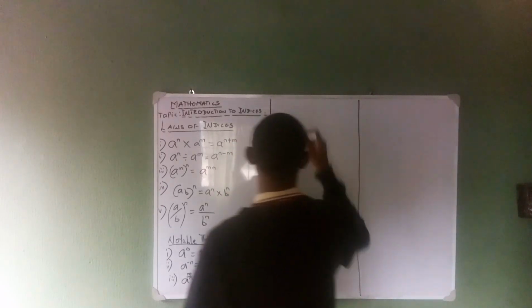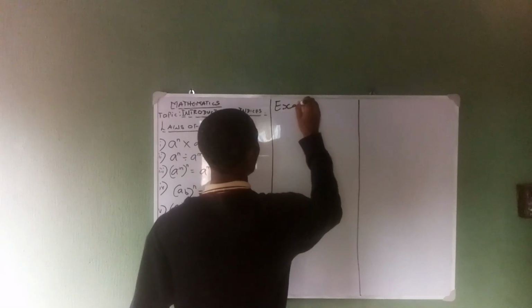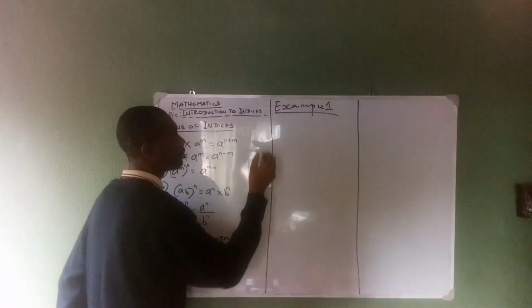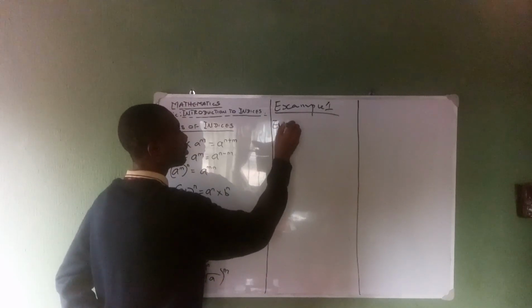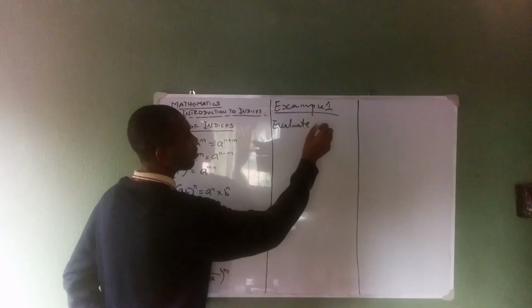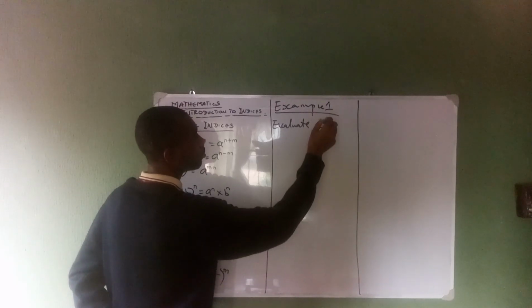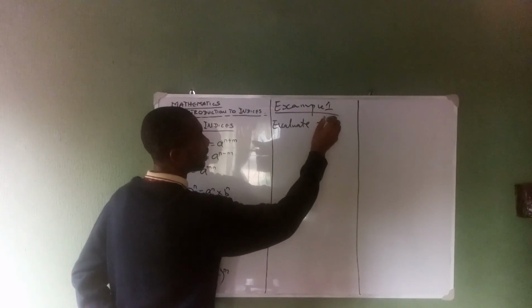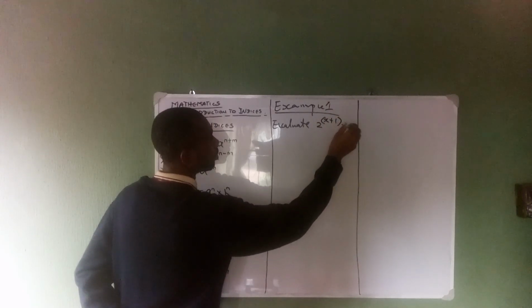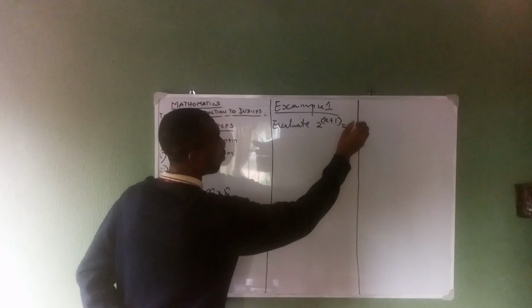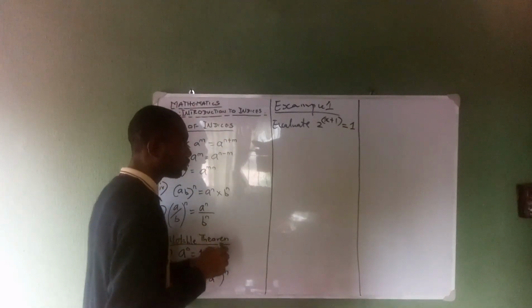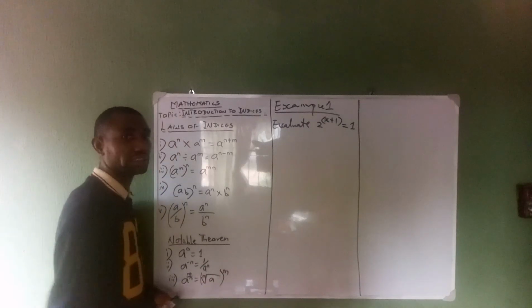Now let us take example 1. Assuming we are told to evaluate 2^(x+1) = 1.